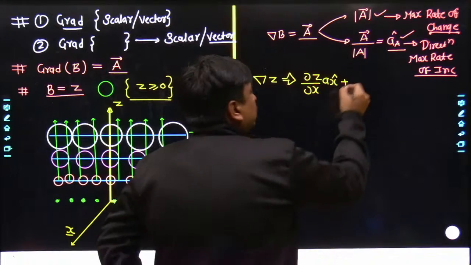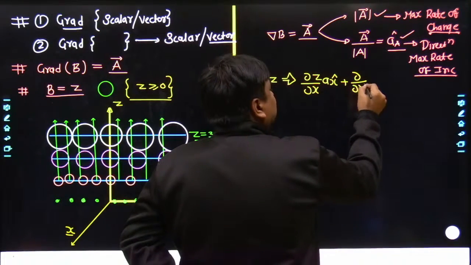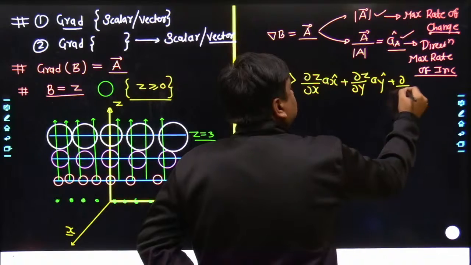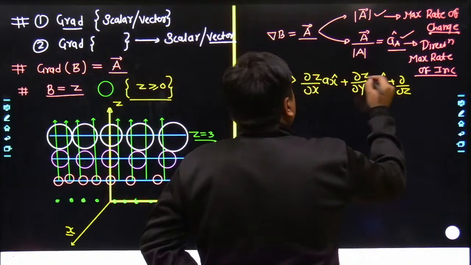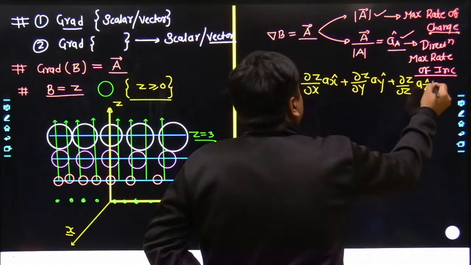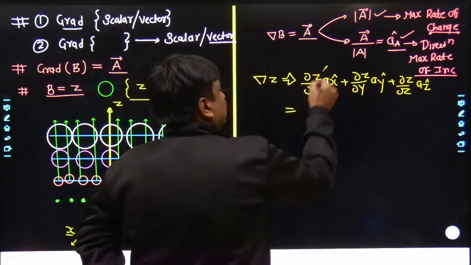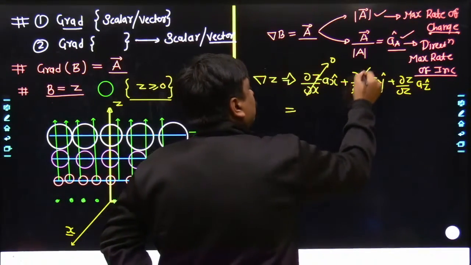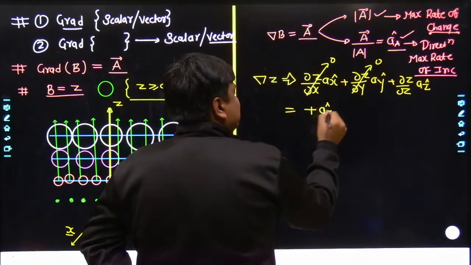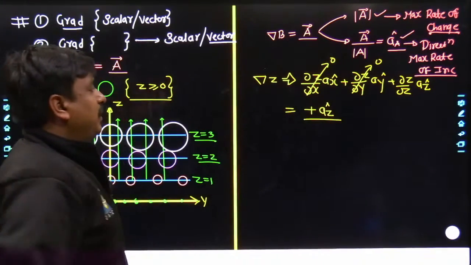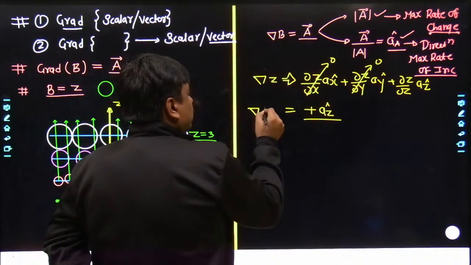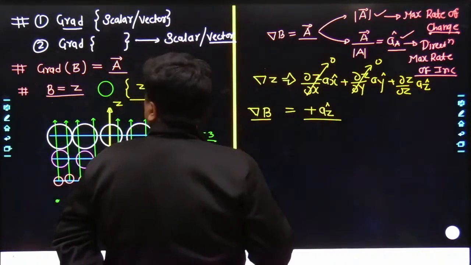Then the partial differentiation with respect to y, ay cap, and here az cap. You can see very well this goes off, and the result which comes out is simply plus az cap. Obviously it is a vector quantity, the gradient of the scalar field V.